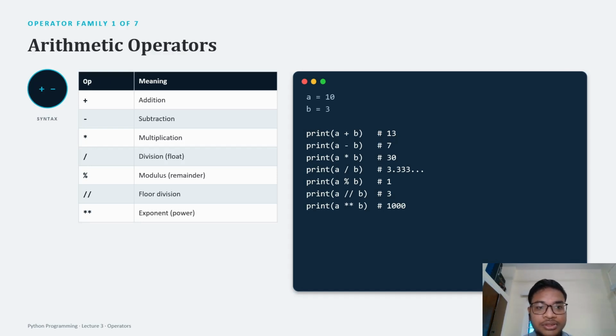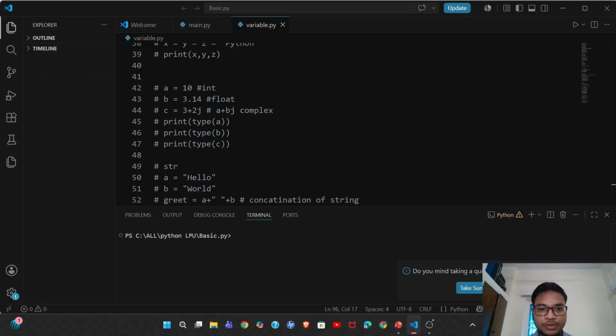So these are all seven arithmetic operators, and here are some examples. Let's do them one by one in brief on VS Code.